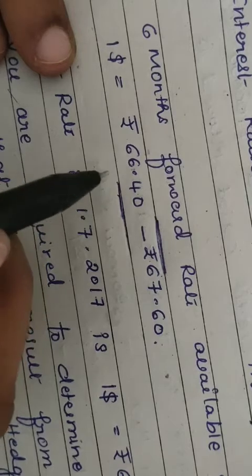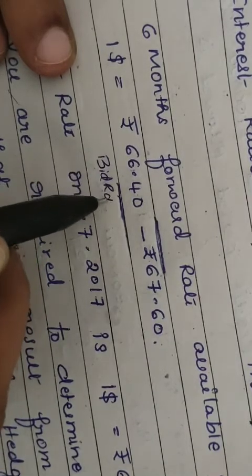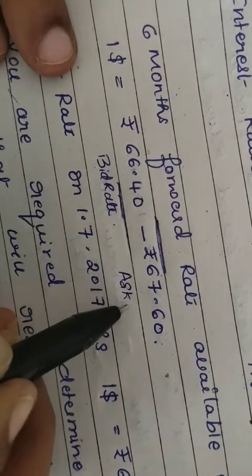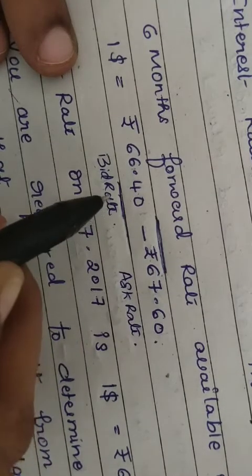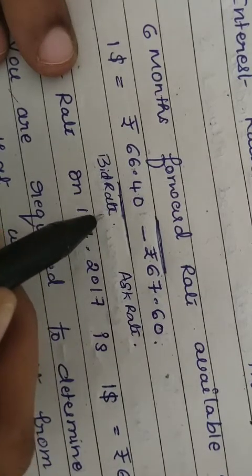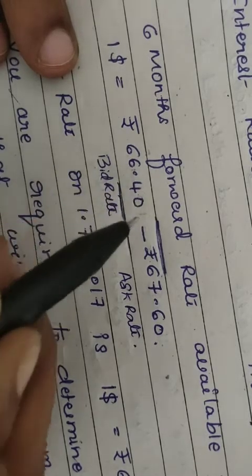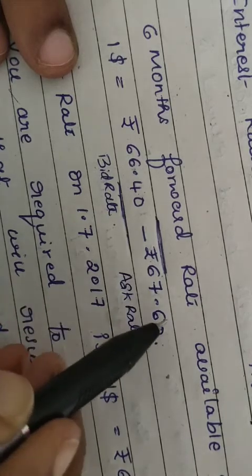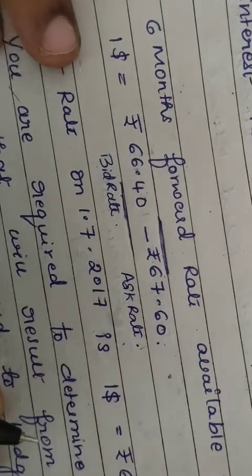Here 66.40 is the bid rate, and here 67.6 is the ask rate. Bid rate is the rate at which banks buy the foreign currency, and ask rate is the rate at which banks sell the foreign currency.